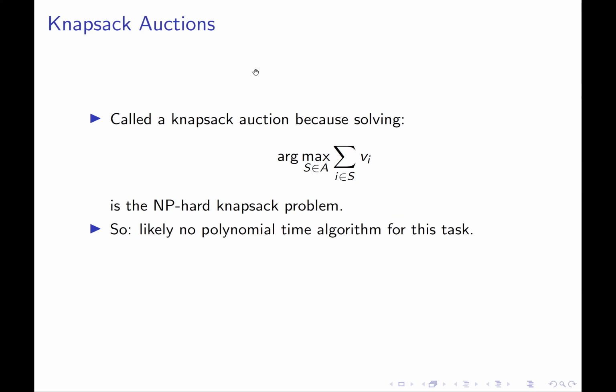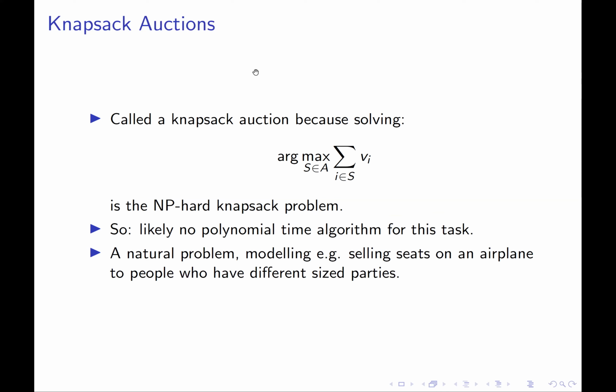And so we should be concerned about any plan to just run the VCG mechanism to solve this problem at scale. The best algorithms for this problem have running time that scales super polynomially in the size of the instance. And so eventually, if we get a large enough instance, we're likely to be unable to solve the problem.